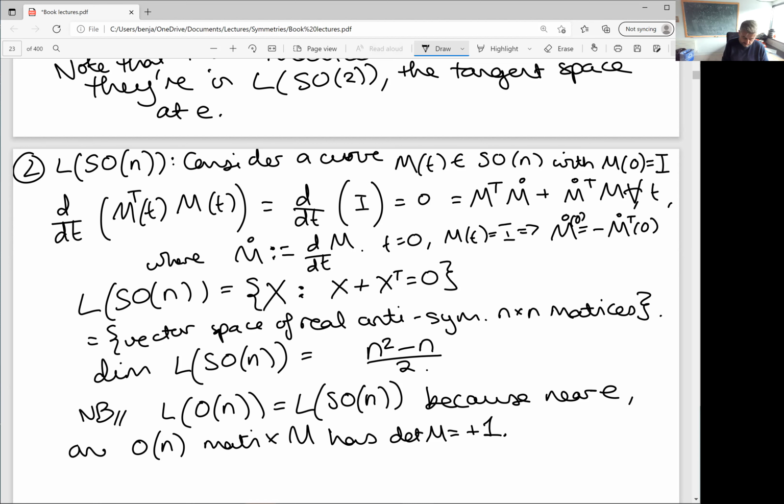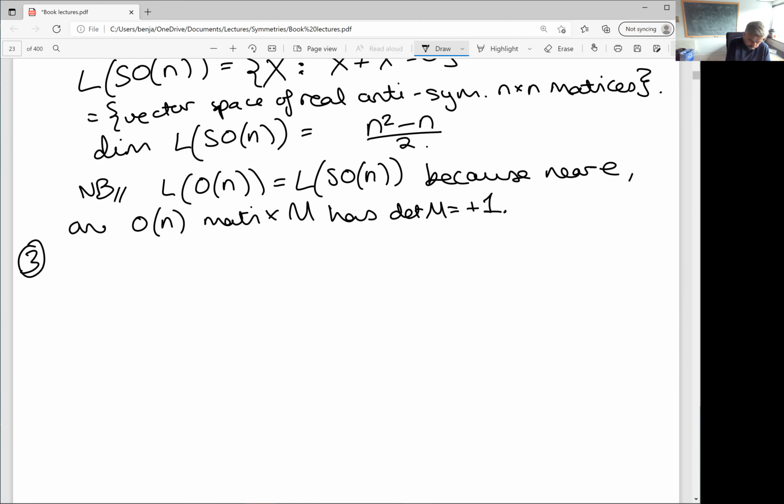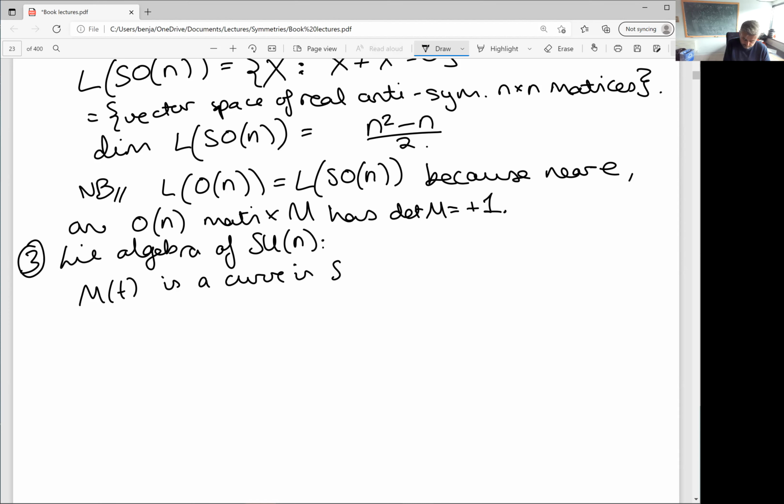Okay, now let's look at the Lie algebra of SUN as our third example. So now M of t is a curve in SUN. Again, with M of 0 equals the identity matrix. Now we're going to assume an expansion. Remember, everything's smooth here.